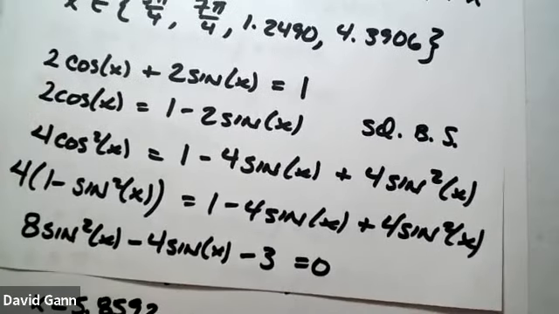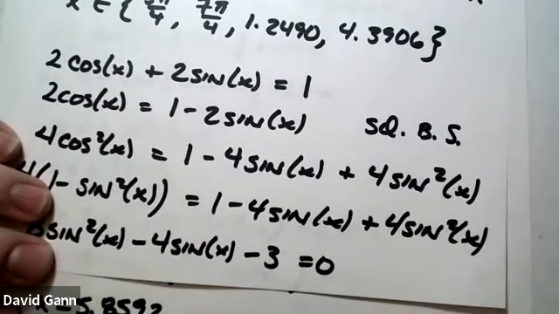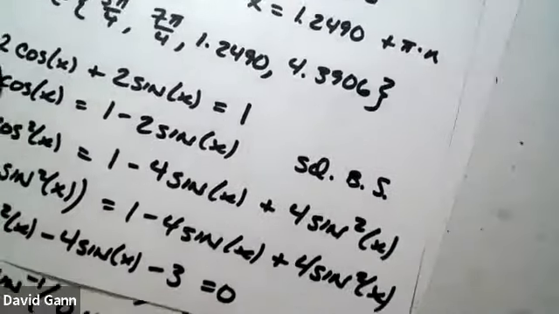It ends up being some totally goofy value of negative 2.645. So what I determined from that is that this is not a possible solution.